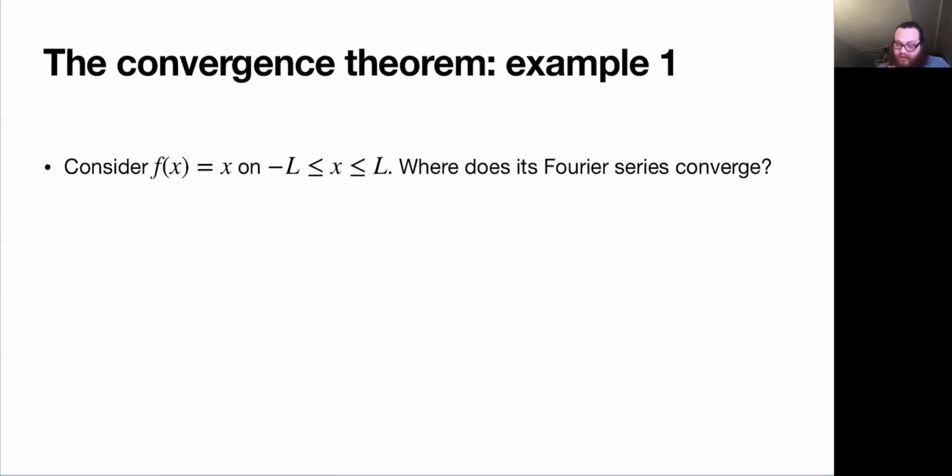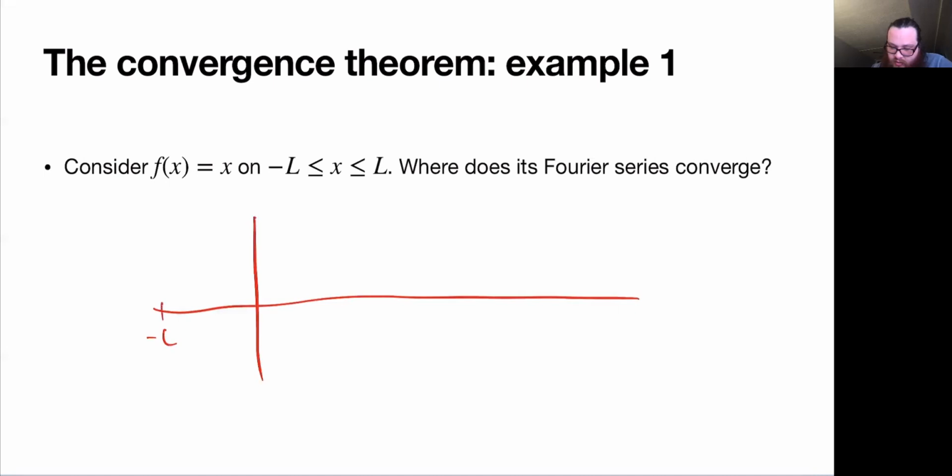Okay, so let's see what that looks like. Here's a function, f of x equals x in the interval negative L to L. So we're going to draw our axes. Let me draw this a little further out, and then I'm just going to extend this way.